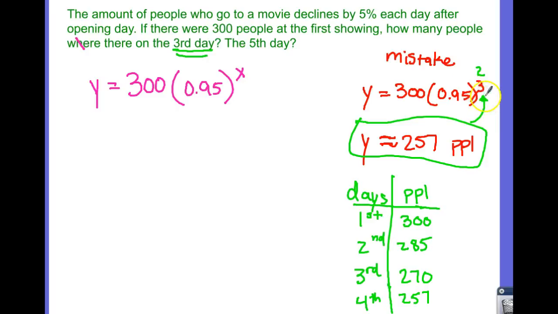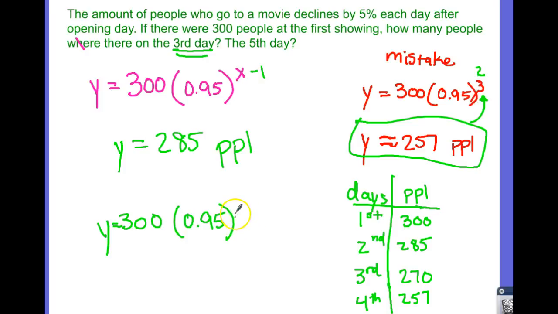If I decreased by 5% 3 times, I would be on the fourth day. We lose 5% each time. So in a scenario like this, you have to consider you're 1 behind your x. So you can throw 3 in there for 3 minus 1 is 2. And of course, you have where y is 285 people.